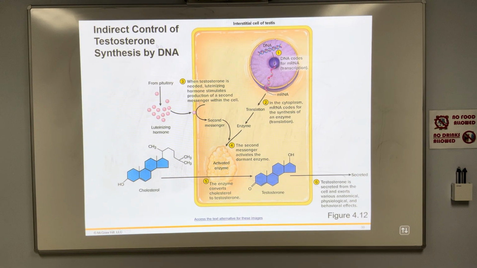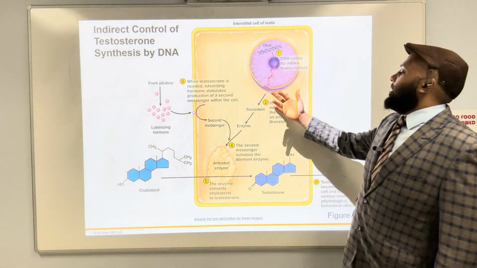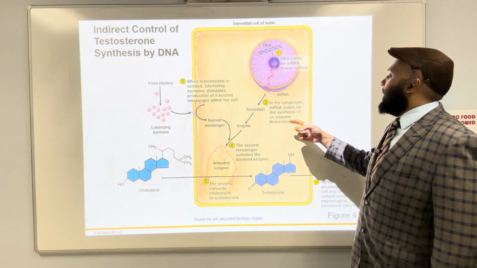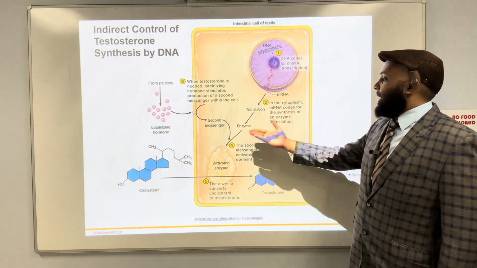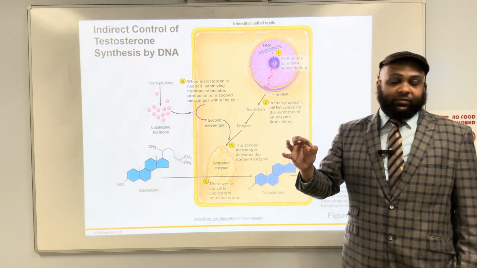Now, you also have indirect control of testosterone synthesis by the DNA. So number one, DNA is going to code for the mRNA, and then the mRNA is going to code for the synthesis of some enzyme. This enzyme is going to be inactive.